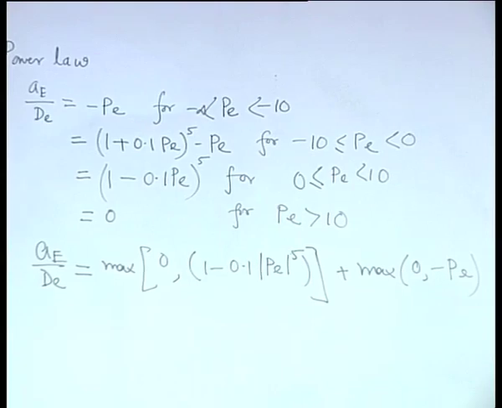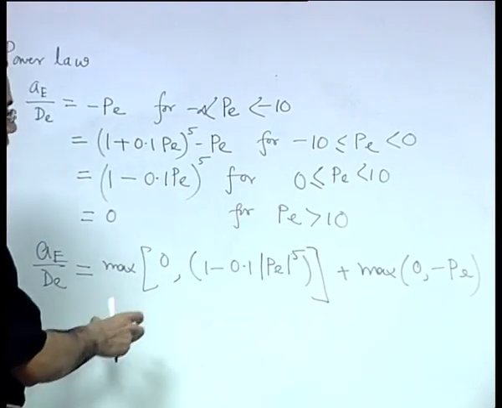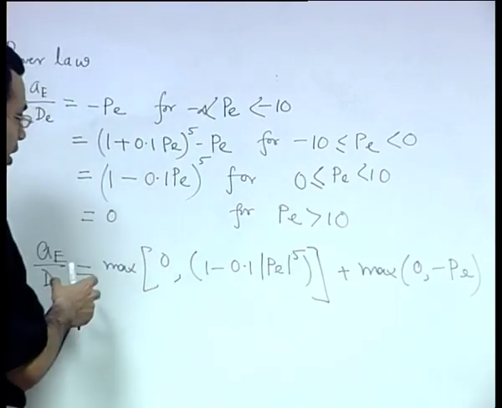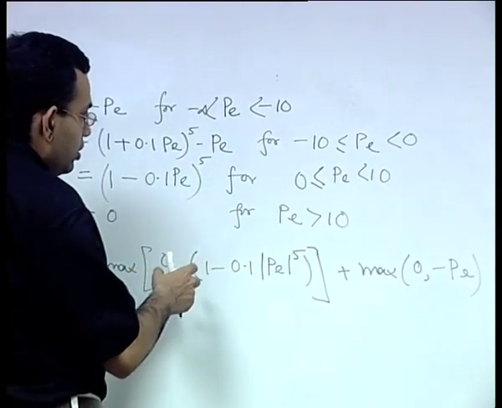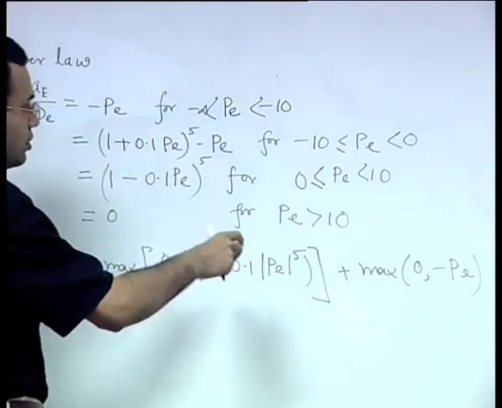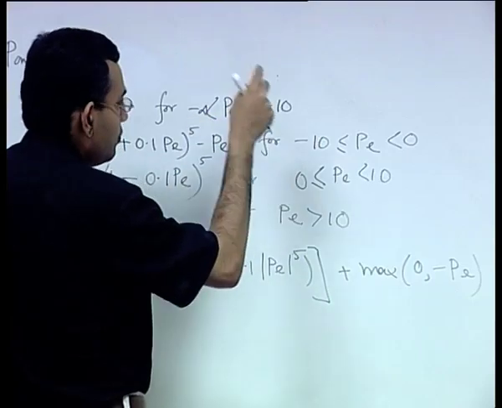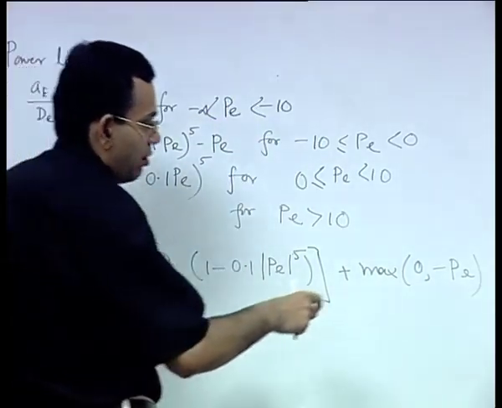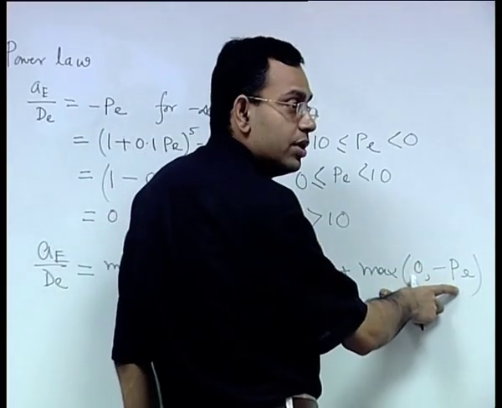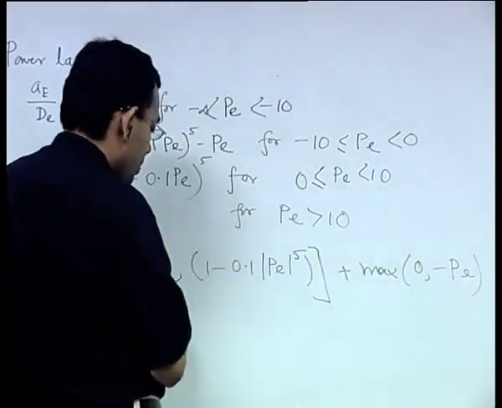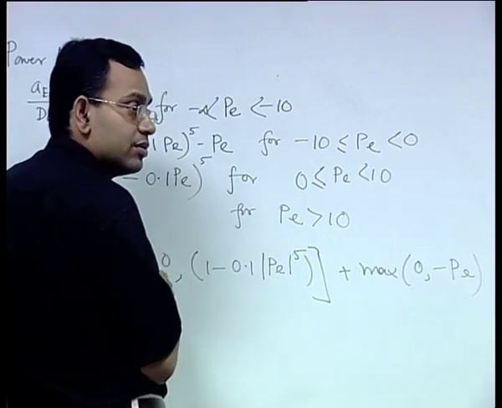So what we can see, let us consider an example when you have this range, between minus infinity to minus 10. Only this part will be important, this part will be 0.